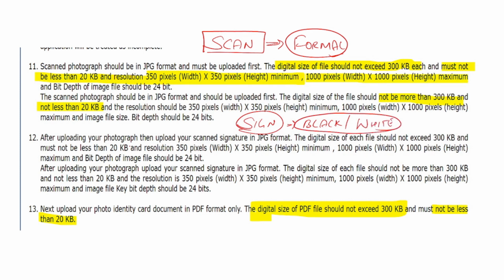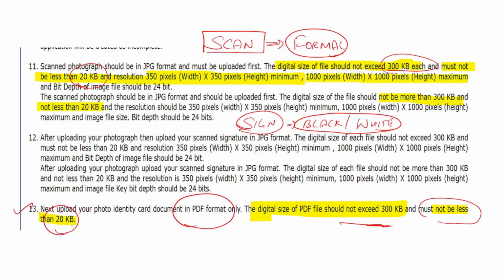The maximum and minimum size are given here. In the same way, for the PDF of the identification document, for example if you are uploading Aadhaar, you should upload that in minimum size. Have it as a PDF, front and back.